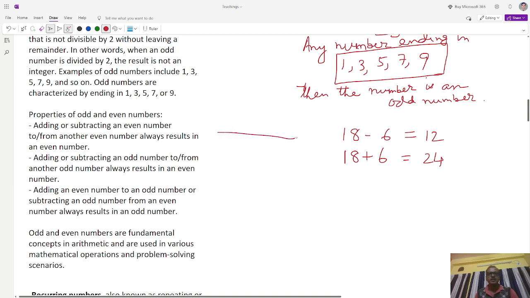This is the explanation. Adding or subtracting an odd number to and from another odd number always results in an even number.